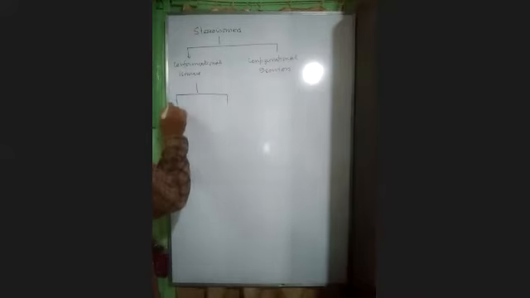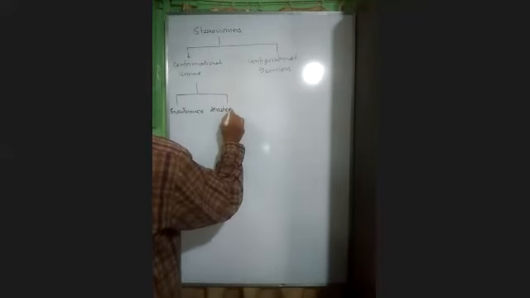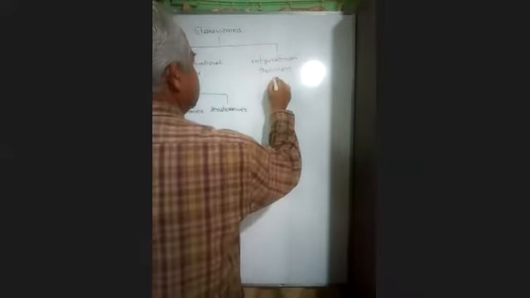Now, this conformational isomer is again classified as enantiomers and diastereomers. Same is the case here.